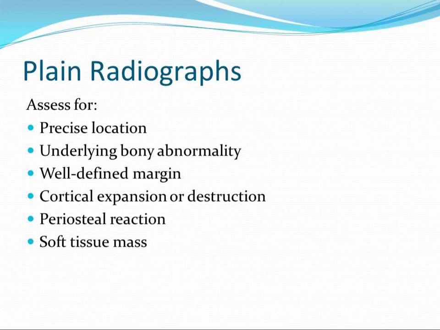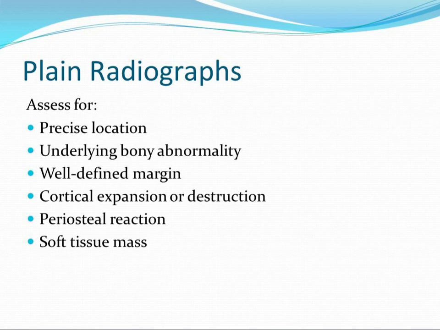Yes, if these margins are very clear and well defined, then you can say it's a benign tumor. Cortical expansion or destruction is also an important thing, whether the cortex is broken, expanded, or eaten away. Then periosteal reaction and soft tissue mass. All these things can be seen broadly in the X-ray.